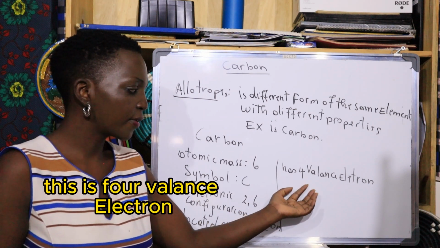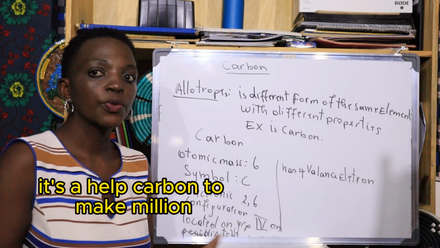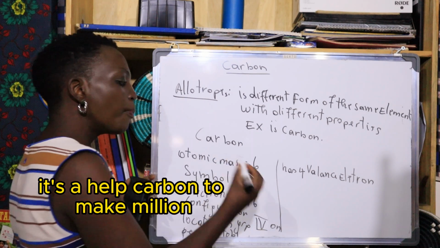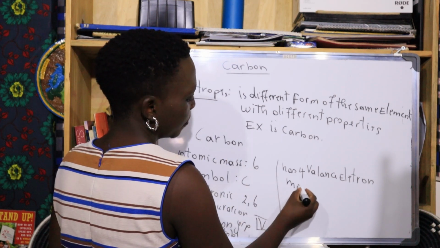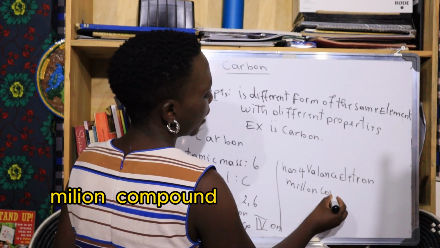These 4 valence electrons help carbon to make millions of compounds.